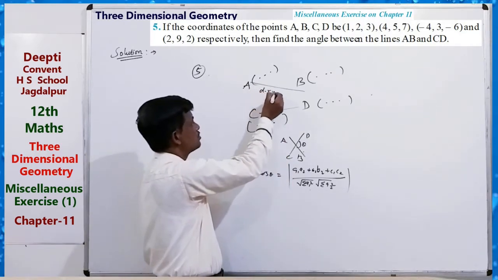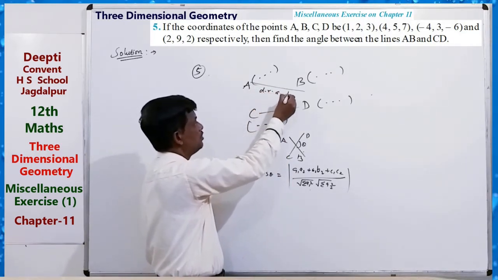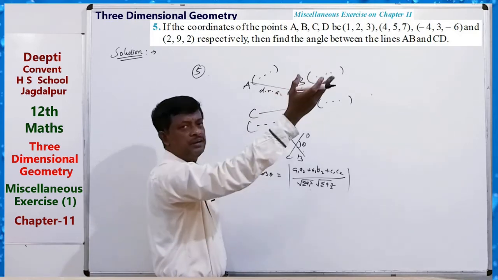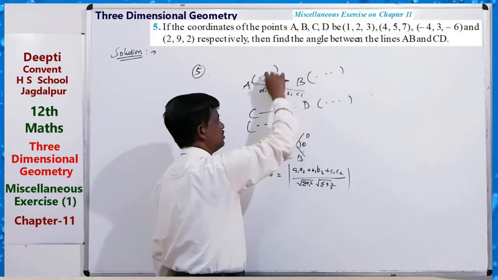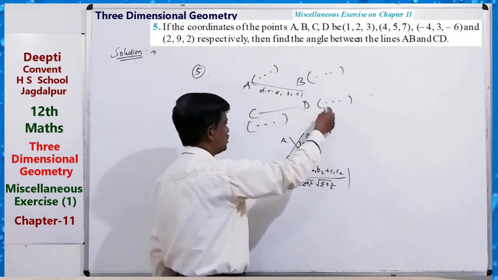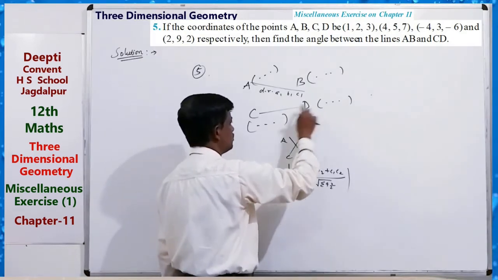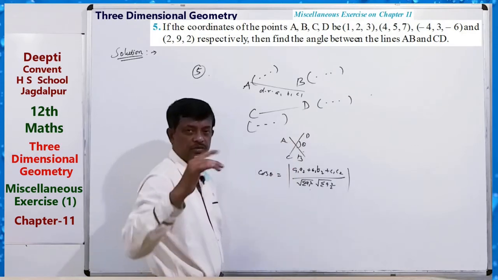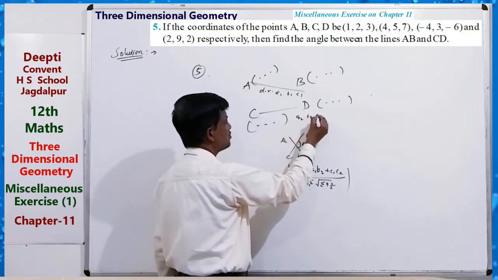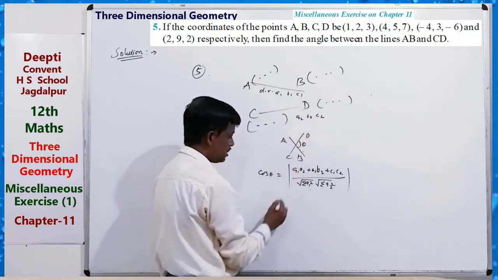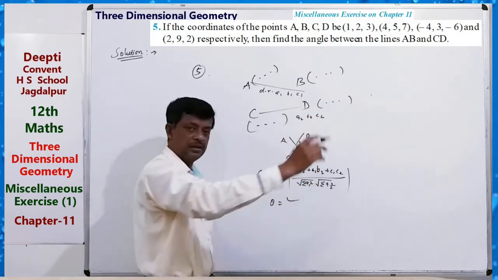Direction ratios A1, B1, C1 can be found by using x2 minus x1, y2 minus y1, z2 minus z1. Similarly for the other line. Then you can get A1, B1, C1 and A2, B2, C2.